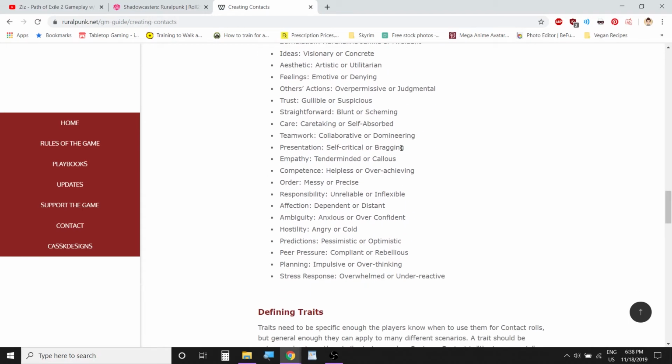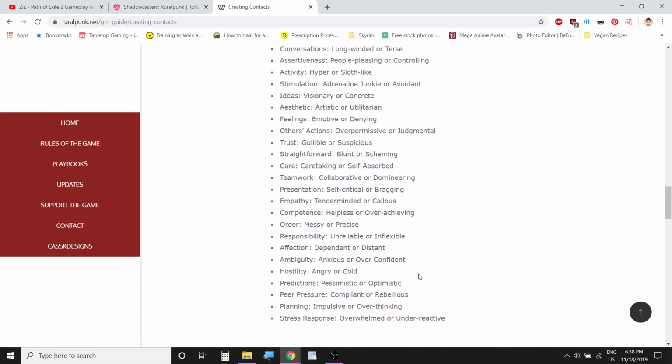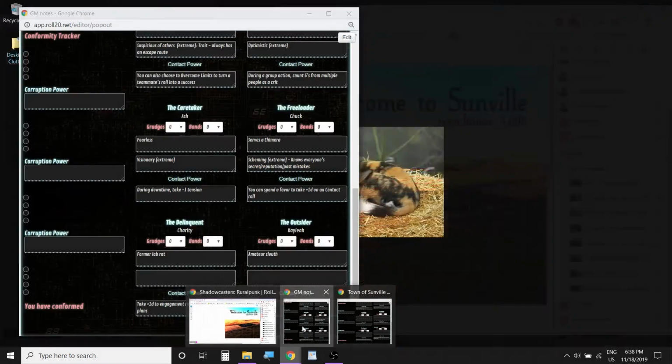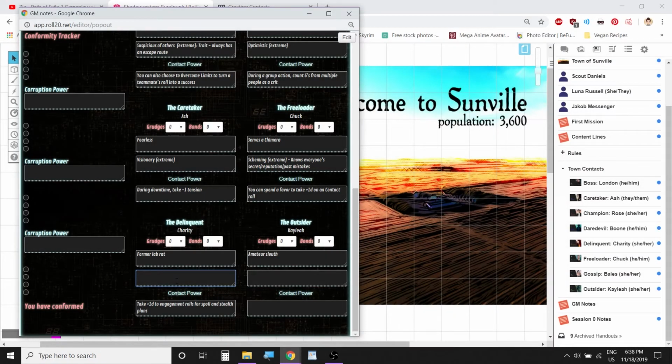Or really hyper. I think she's overthinking. So I think when it comes to planning, our delinquent is actually overthinking.